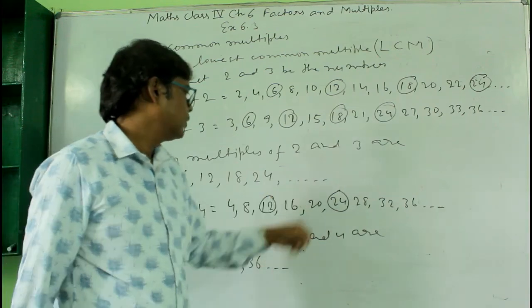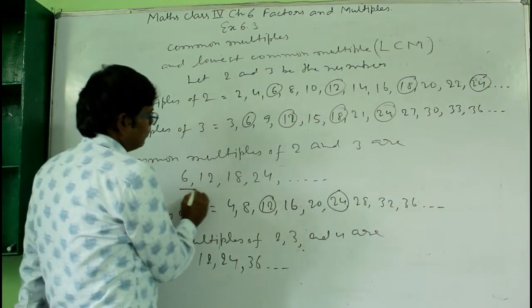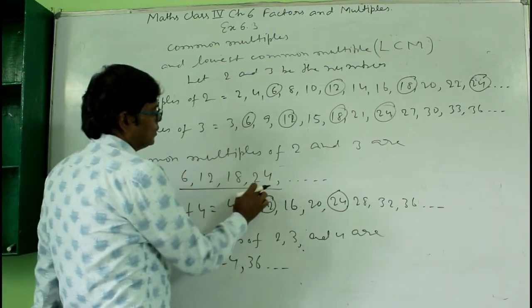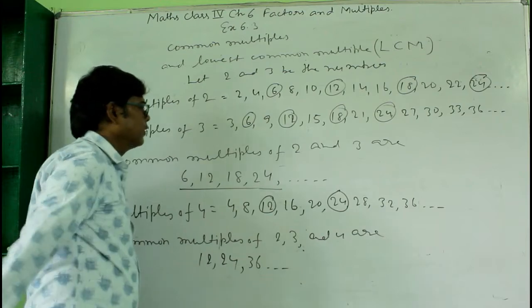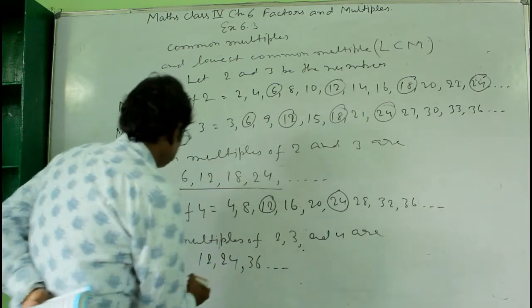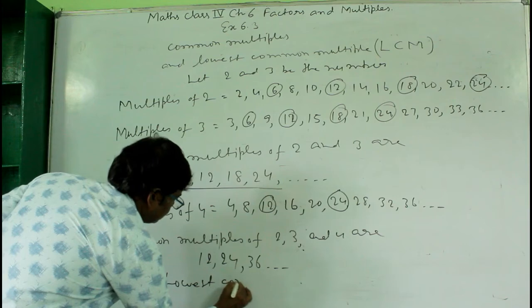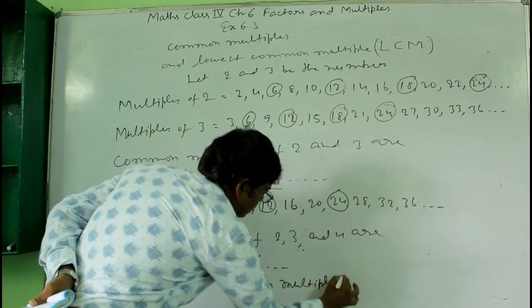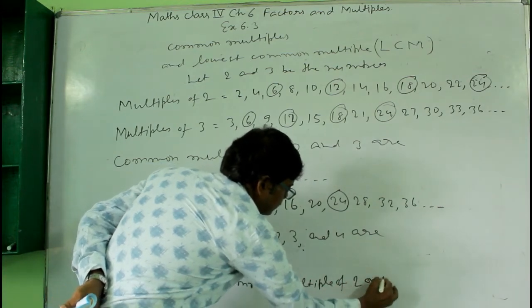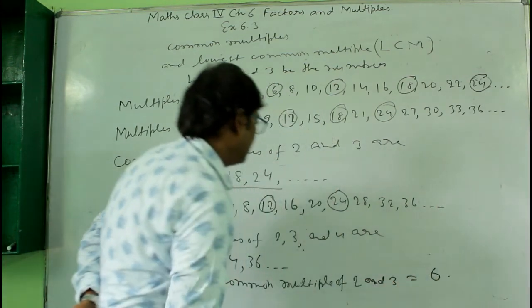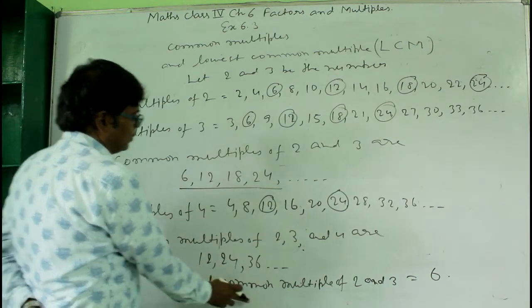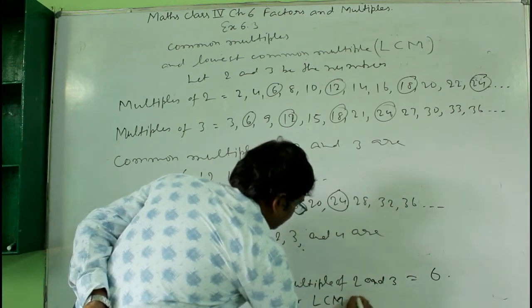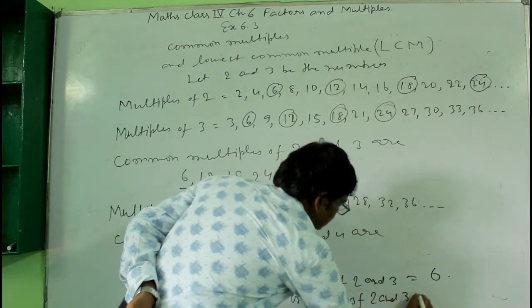Among these common multiples, the smallest multiple is 6. So in this case you will write that the lowest common multiple of 2 and 3 is equal to 6, or you can write LCM of 2 and 3 equal to 6.